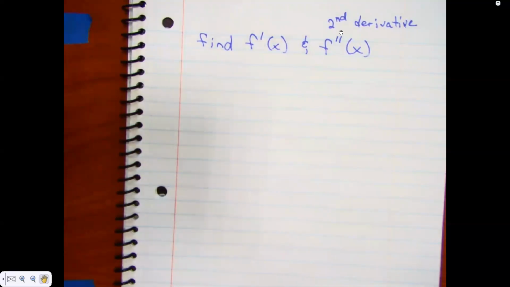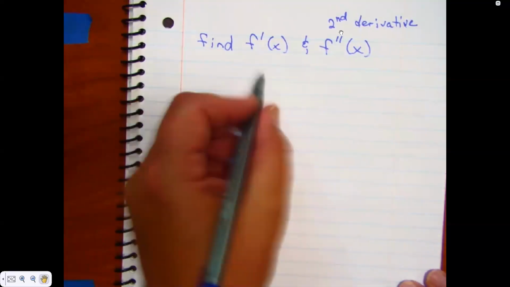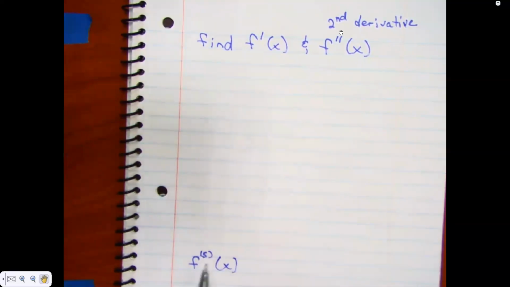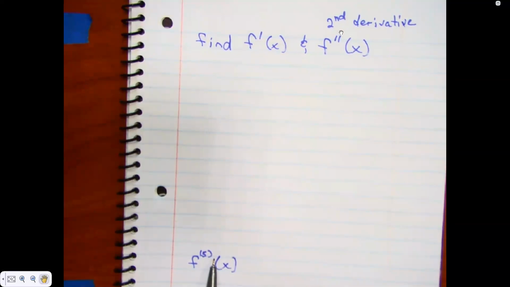We would put 3 lines. I could write at the bottom here, if I put a little 5 and I'm technically supposed to put it in parentheses, that is the 5th derivative. So after 3, we don't keep making marks. We're not going to make 100 marks. Then we're just going to put a little number. You usually don't go past 2 anyways, but just FYI.